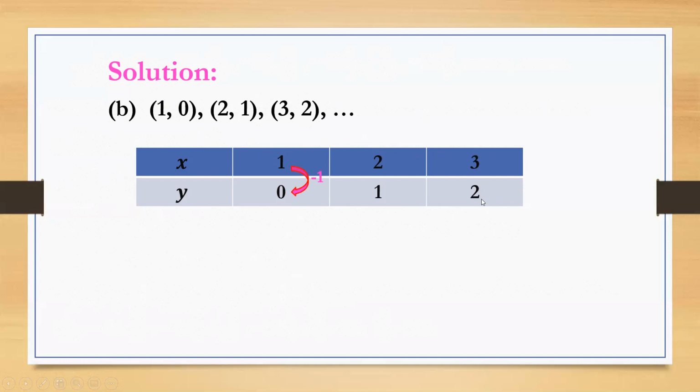Yes, we are subtracting 1. So we say that Y is equal to X minus 1. We take the X value, 1 minus 1, we get 0. 2 minus 1, we get 1. So Y will be equal to X minus 1.